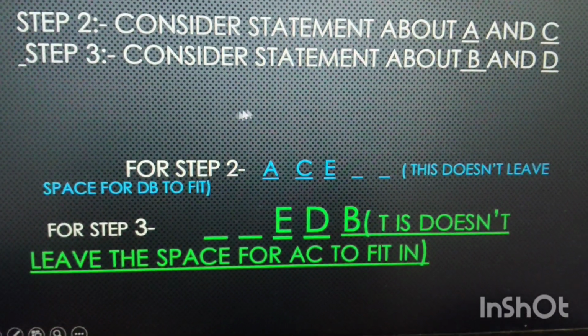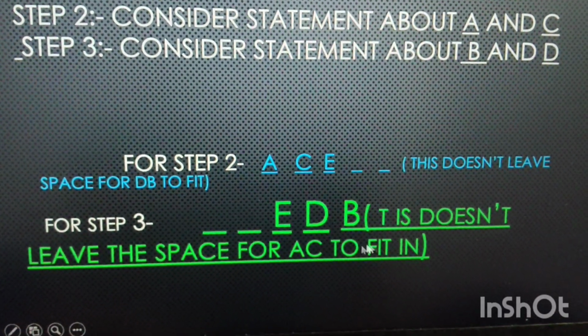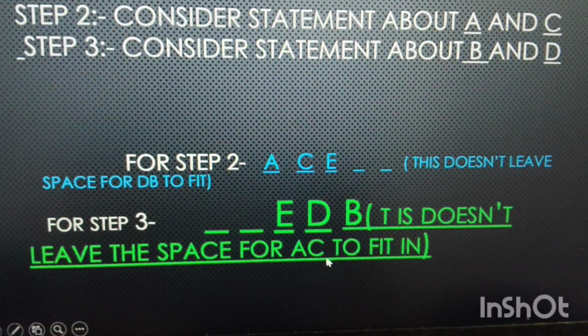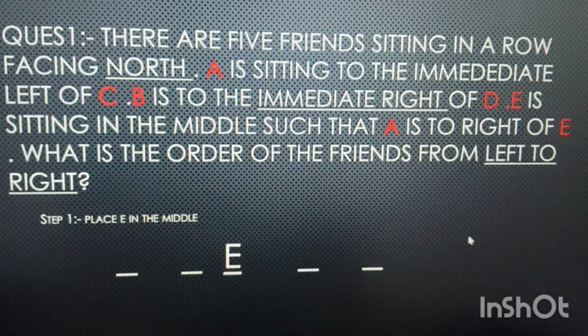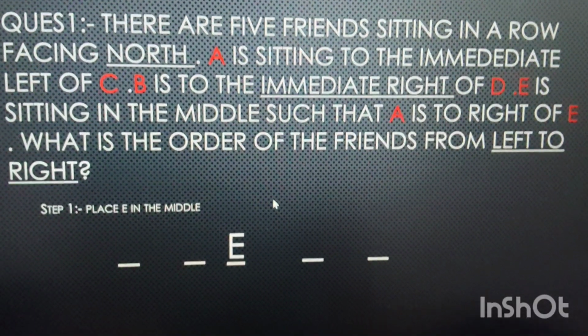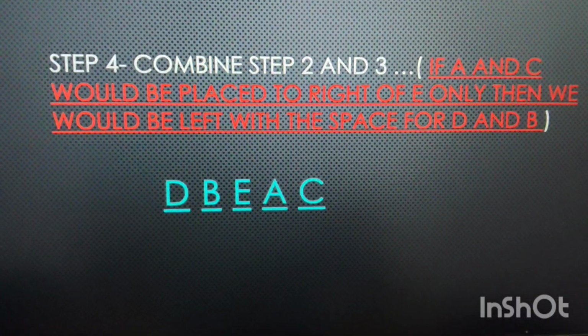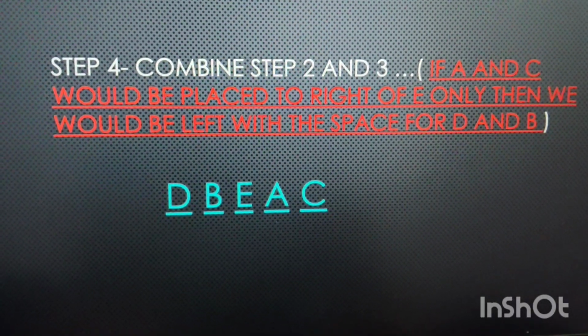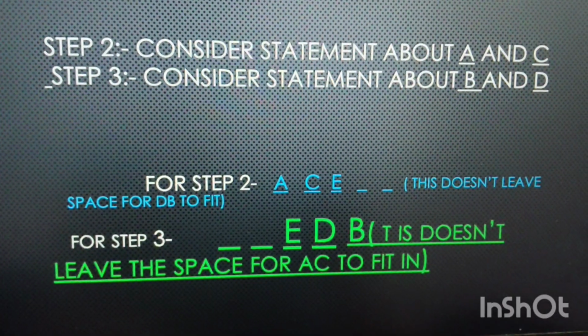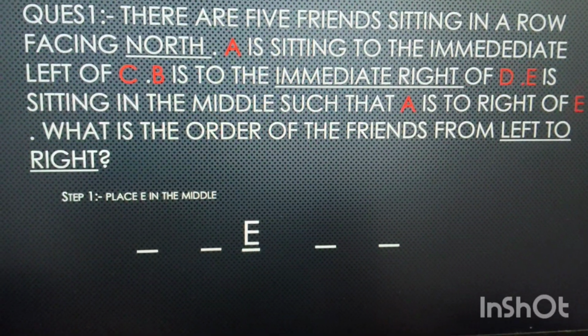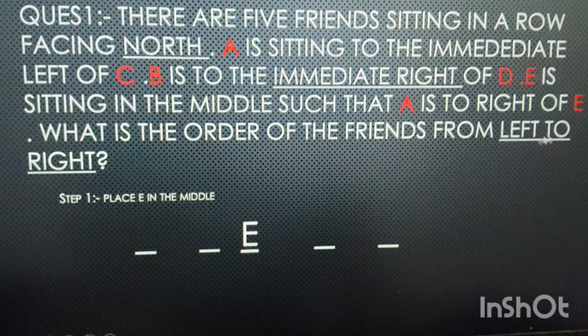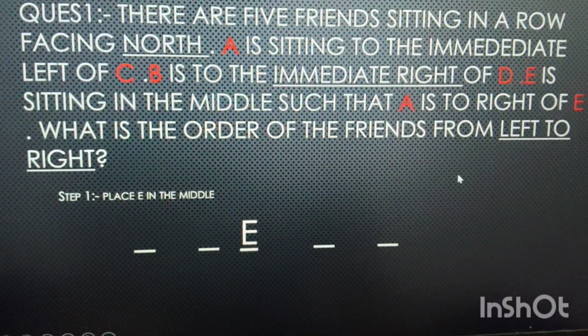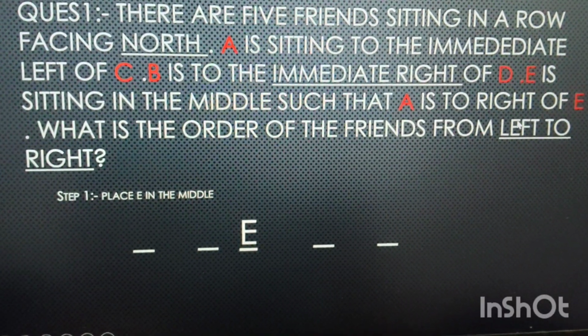So if we are considering statement 3, then there would be no space for A and C to fit in, as it is told that A is to the right of E. So according to this, we will combine steps 2 and 3. If A and C are placed to the right of E, only then would there be space for D and B to fit in, as it was told that E is sitting in the middle such that A is to the right of E.